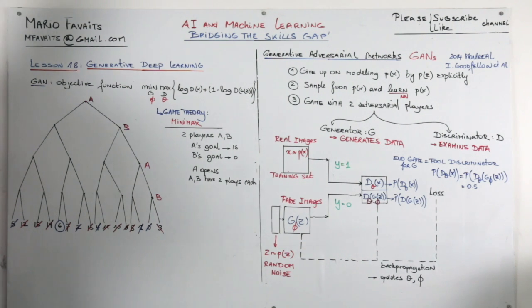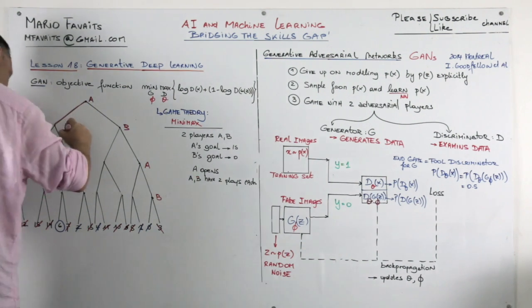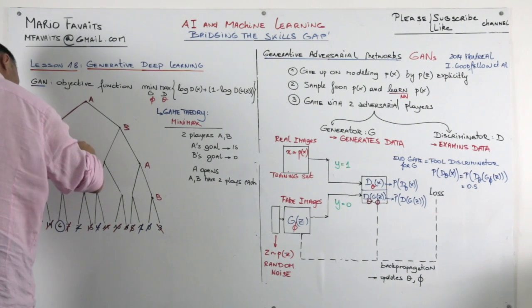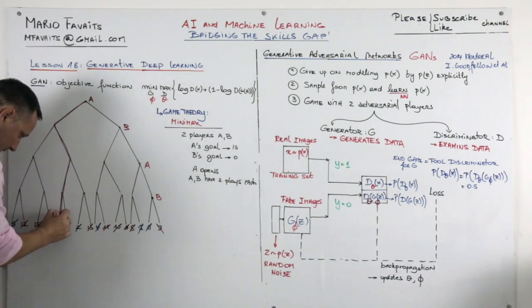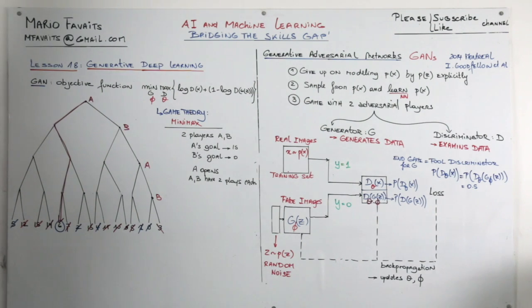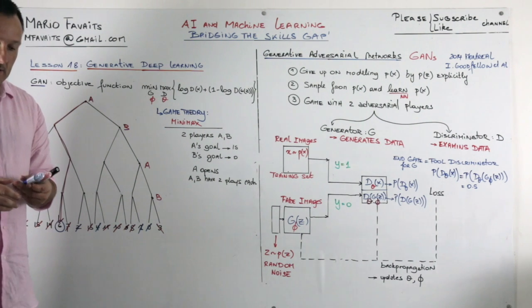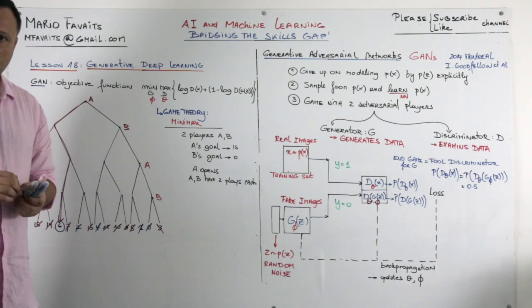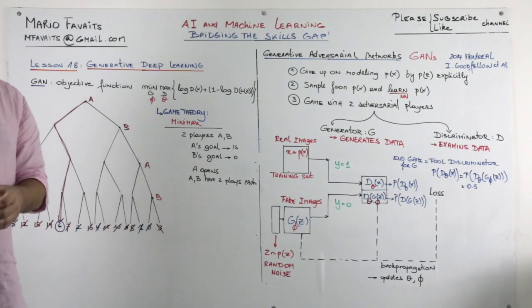So the path will be this one. Here we go. Down here, down here, down here. So this will be your path. And no matter what you do, you will always end up there if A and B play their best game, so if they don't deviate from their own objective rules.